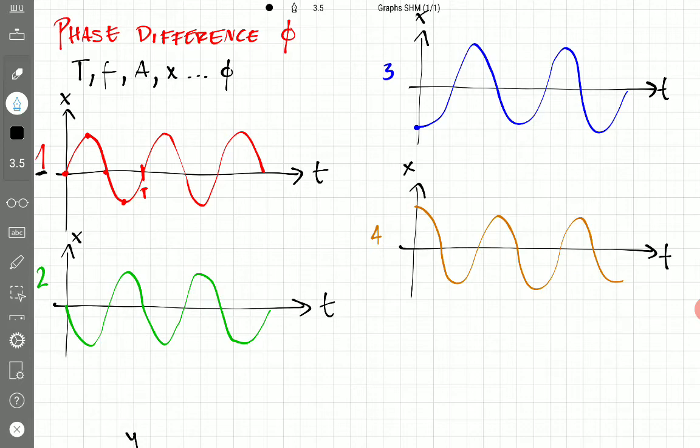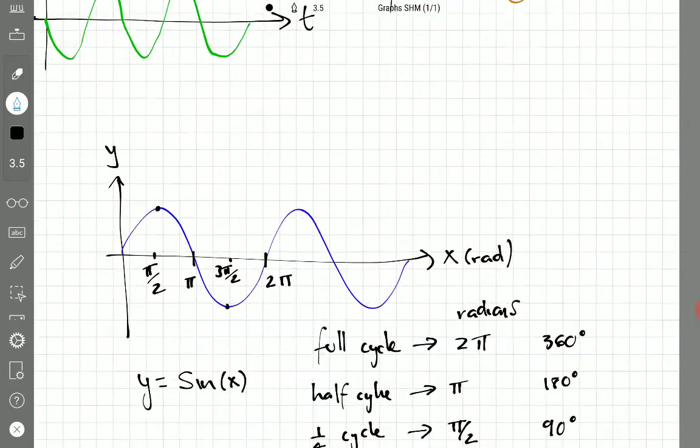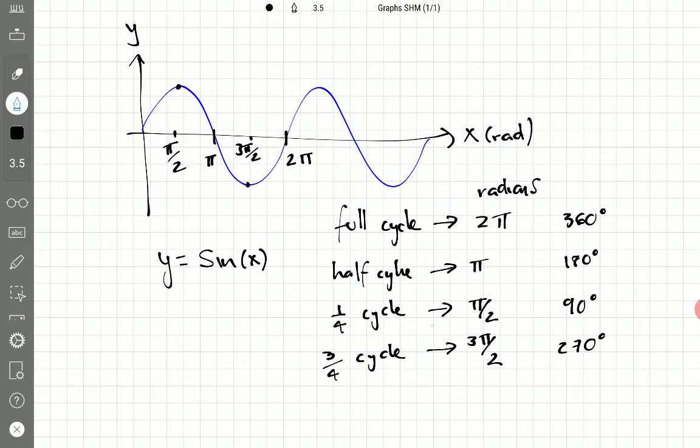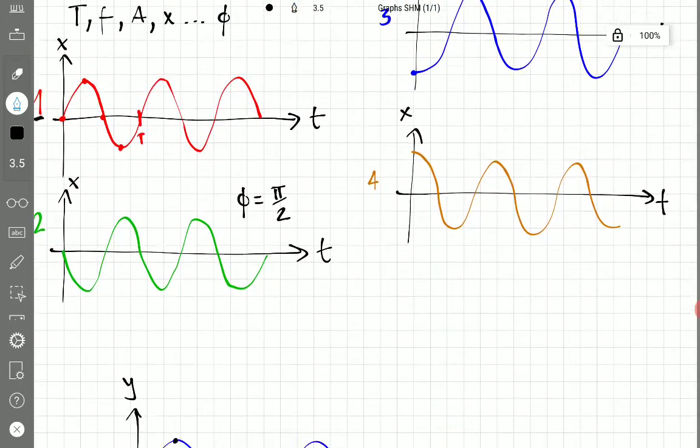Okay, if you thought about it, you will see that the phase difference between 1 and 2 is half a full cycle, which represents a phase difference of pi over 2, right? Because if you take graph number 1 and you shift it by pi over 2 radians, you're shifting it by, I messed up.